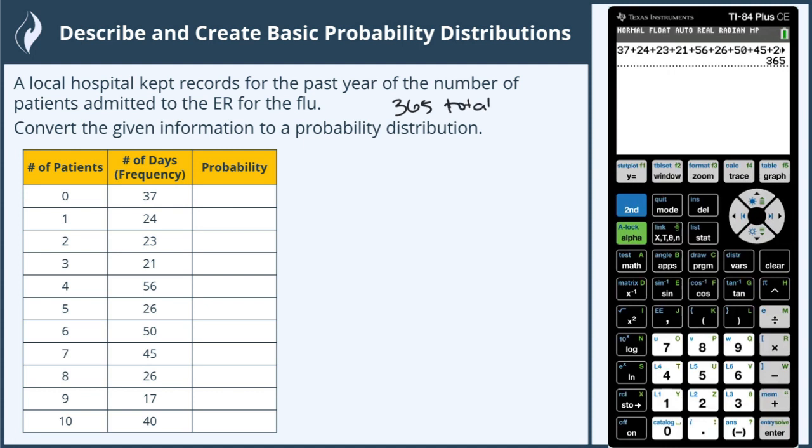If you remember, and I'm just going to write it for the first one, if I want to find the probability for 0 patients, which is the same thing as finding the relative frequency for this particular class, all I have to do is take the frequency, the amount of days for that class, divide it by the total, and then convert it to decimal form. I would continue to do that for the rest, and that's not a big deal.